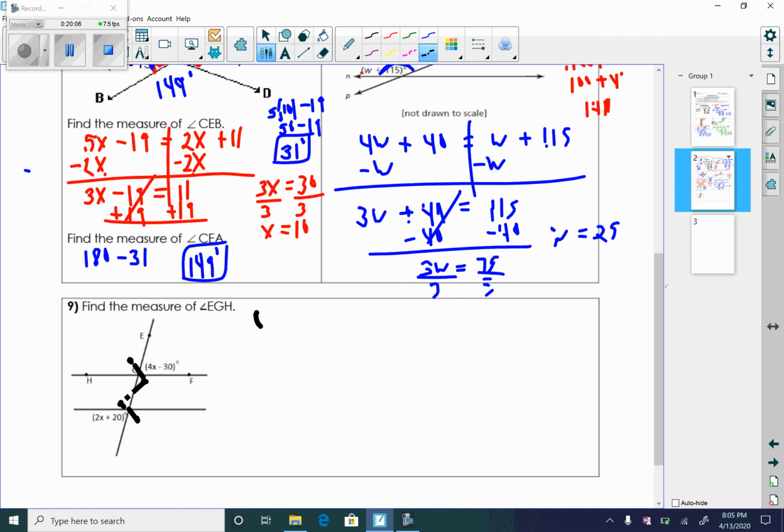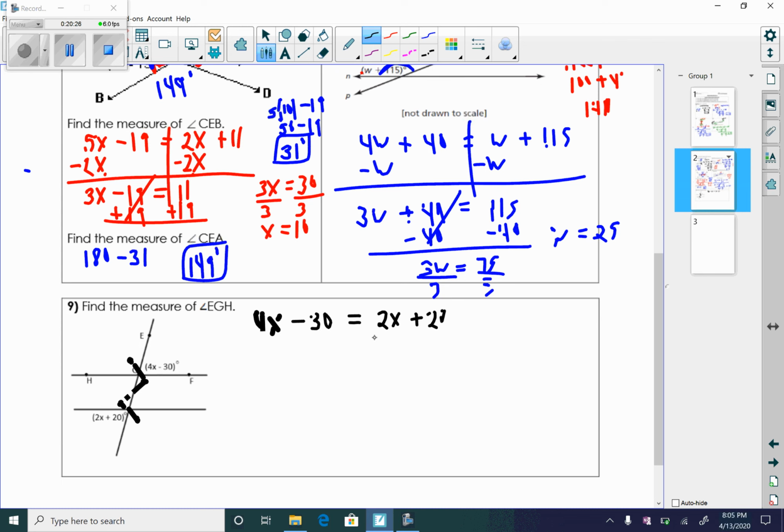So no matter how you get to this equation, we know that the two angles are equal to each other. So our equation is going to be 4x minus 30 equals 2x plus 20.